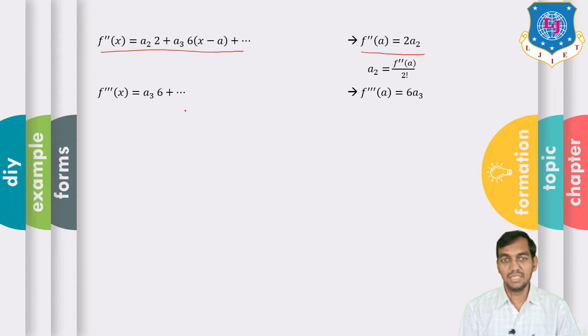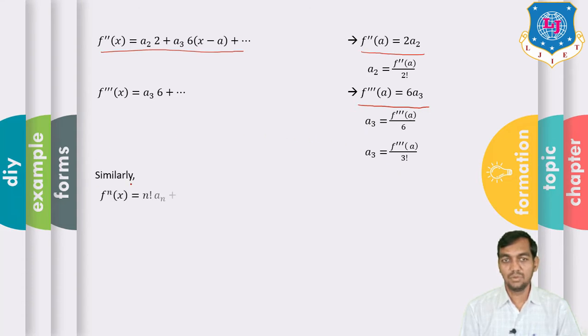In the same manner, f triple dash is going to be a3 into 6 plus a4 into 24 (x minus a) and so on. If we put again x is equal to a, that will give f triple dash of a is equal to 6a3, and that will give a3 is equal to f triple dash of a upon 6. If we continue in this manner, 6 is 3 factorial.